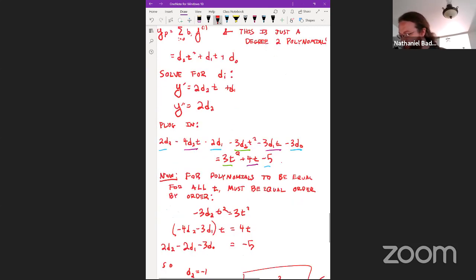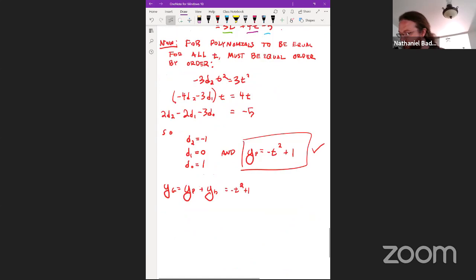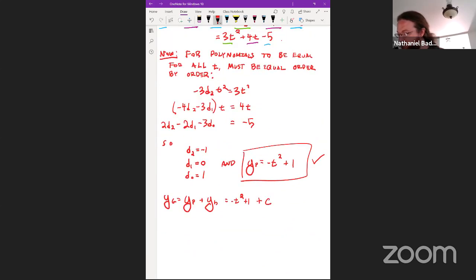So it's going to be plus C1 e to the 3t plus C2 e to the minus t.